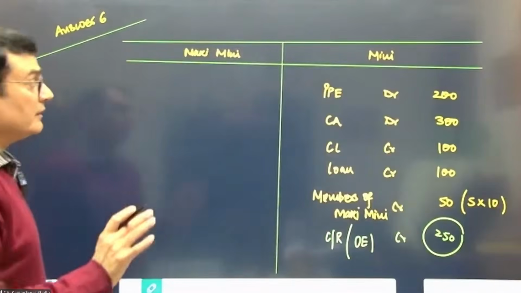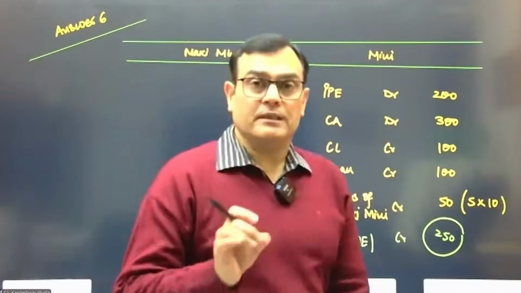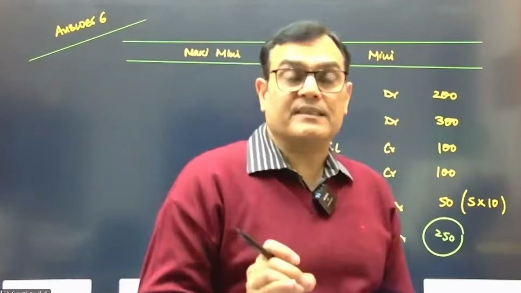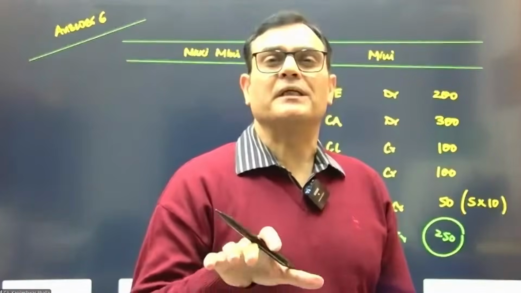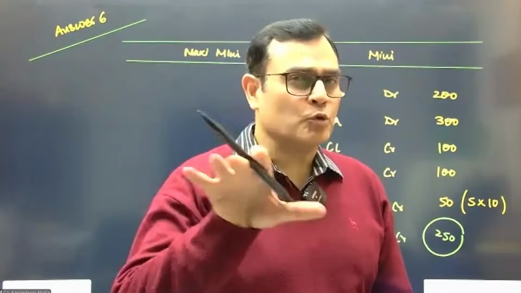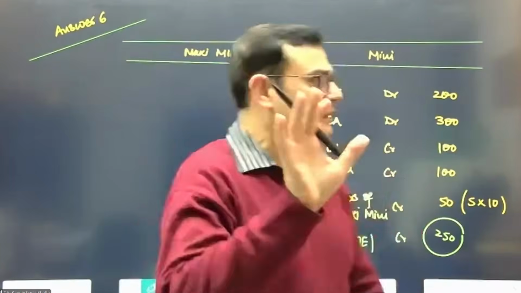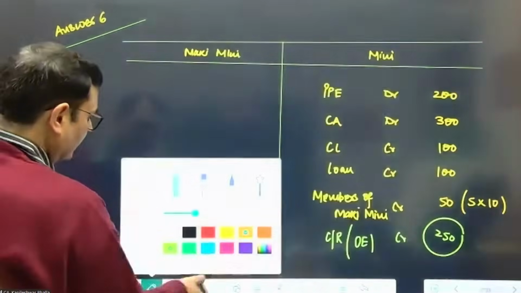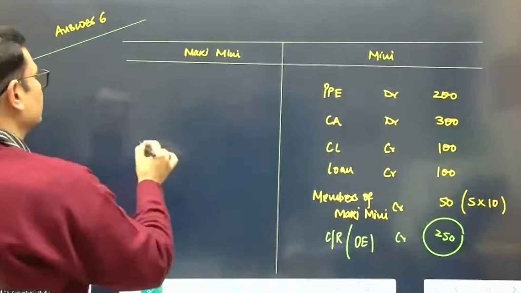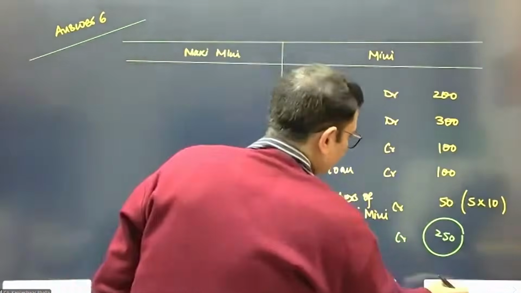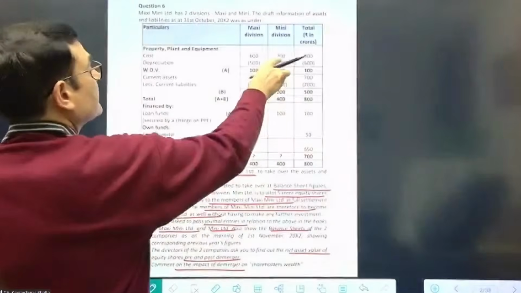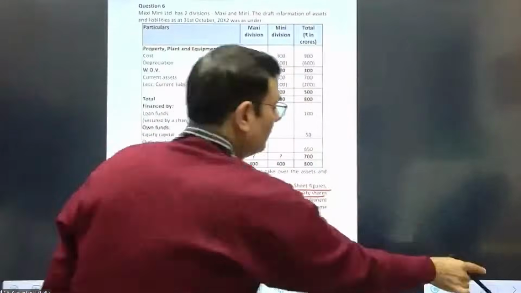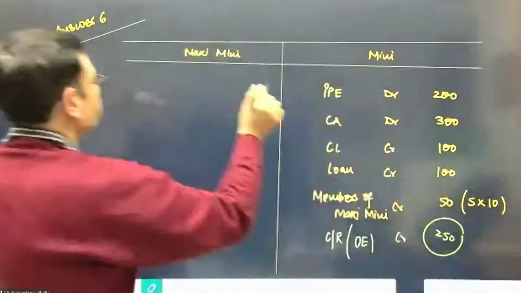Okay, now the entries in the books of Maximini is purely to close the assets and liabilities. So basically, we're putting an entry in the books of Maximini to close those assets and liabilities which are transferred. So practically, we can land up reversing this entry. But I think what we'll do on a safe side, close the asset at a cost, close the accumulated depreciation separately.